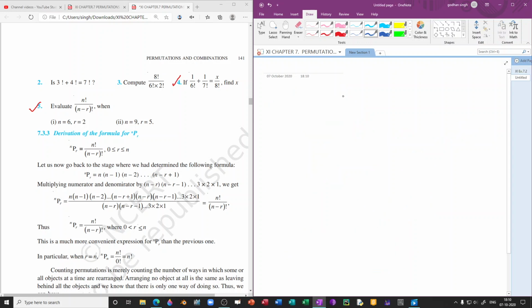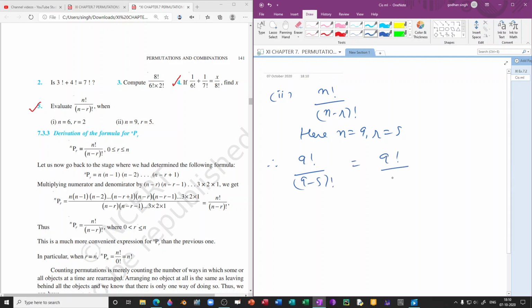Now let us go to the second part of question number 5. In this also, in the same way, n factorial over n minus r factorial, only the values of n and r are different from the first part. So here n equals 9 and r equals 5, therefore we get 9 factorial over 9 minus 5 whole factorial, equal to 9 factorial over 4 factorial.